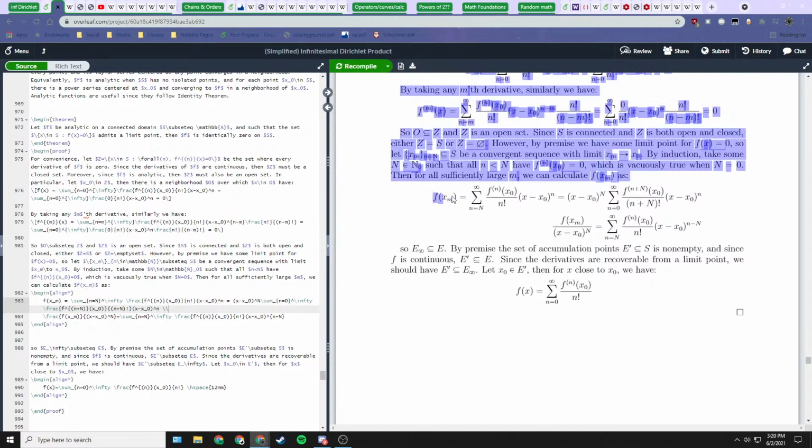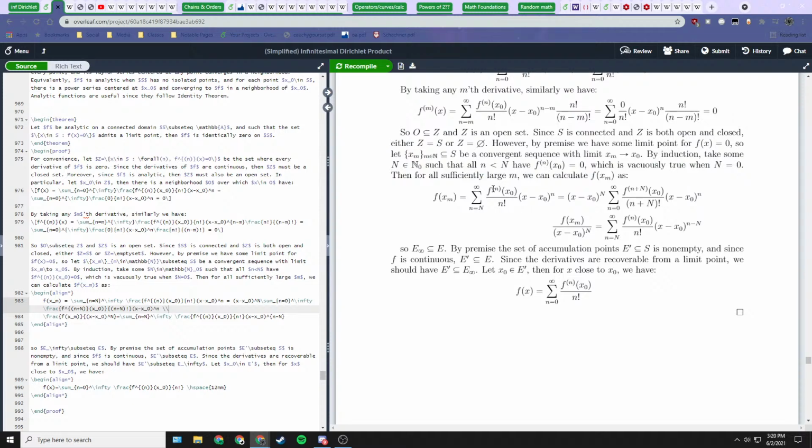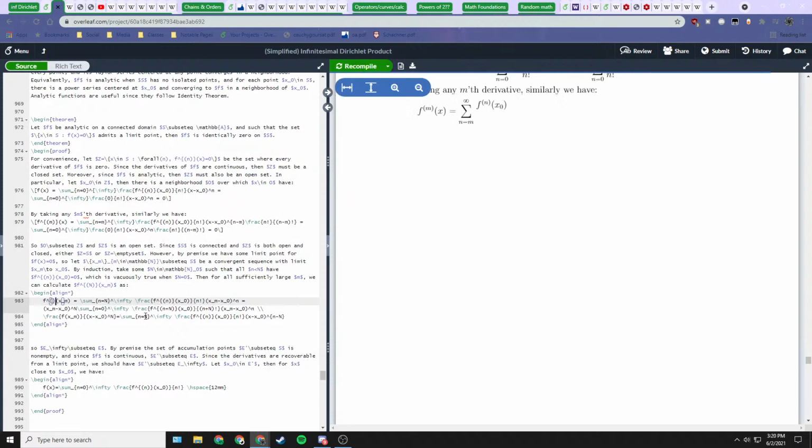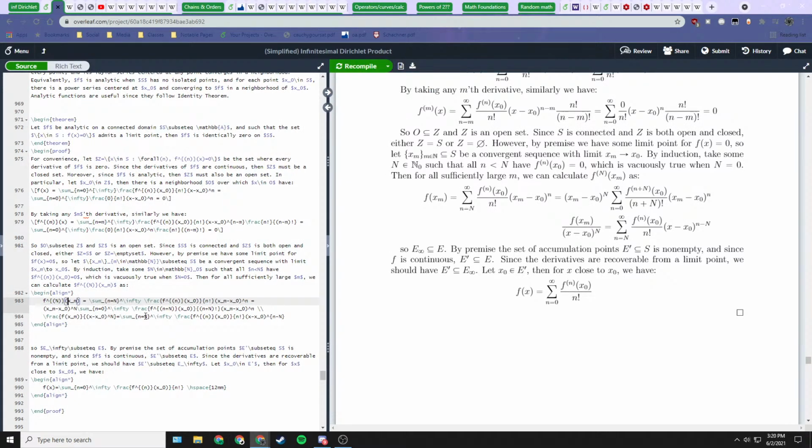Okay, so we've got f of x_m is this summation. This should be x_m in here, as well as in there, and there.